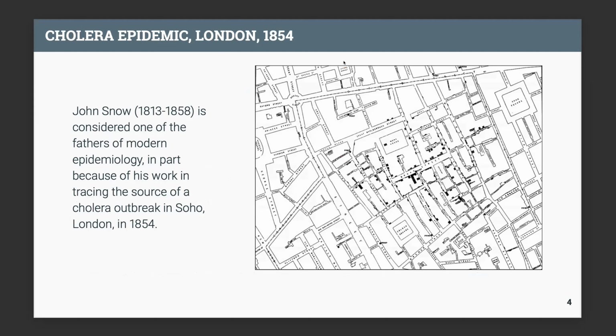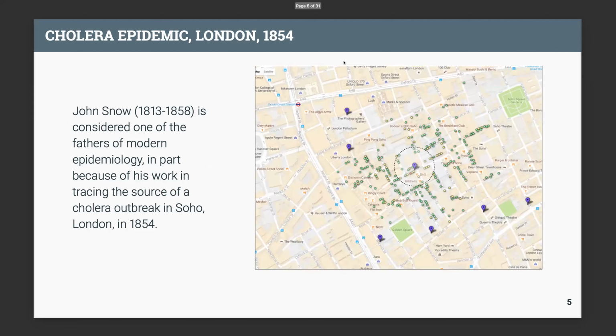He had all the different cases of death in some area of London, and he plotted the place of each death. On this original map, each death is a black square, but we can translate this map using Google Maps some 100 years later.